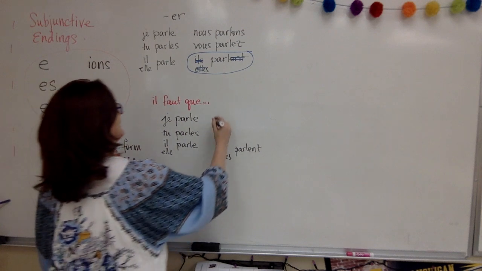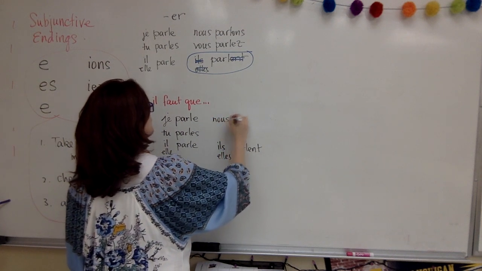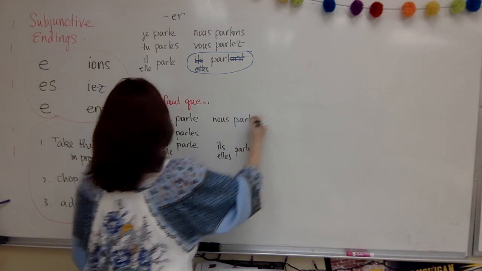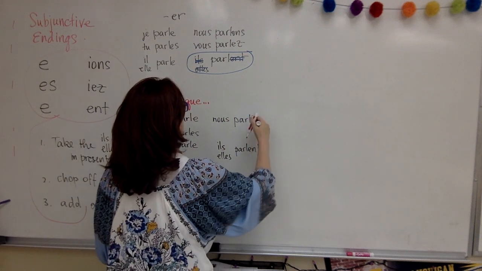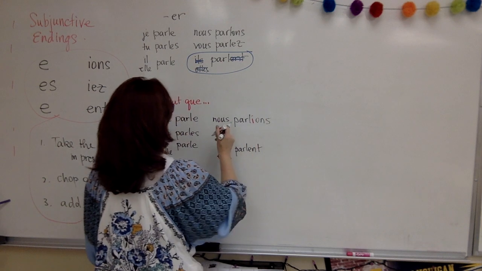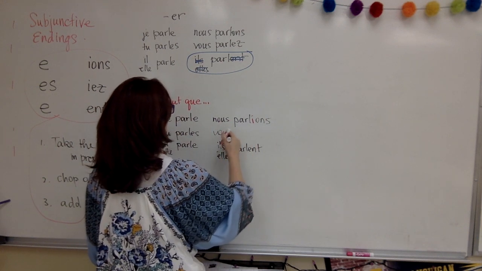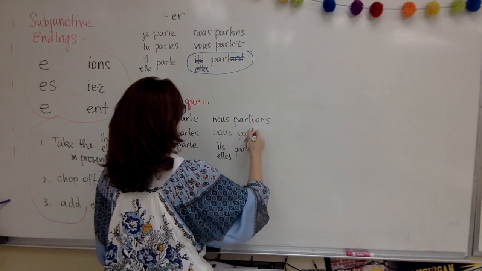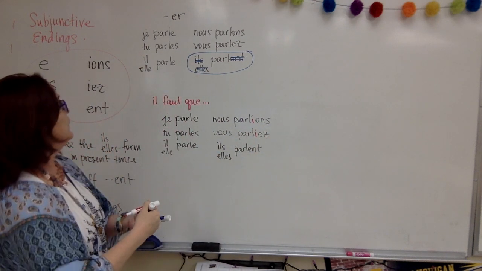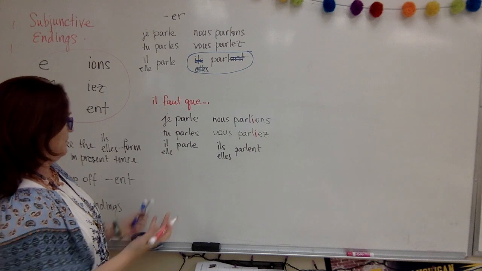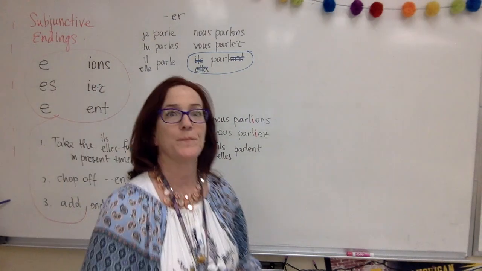What doesn't look exactly alike is this. Que nous parle. What are we going to do? Ions. Que nous parlions. Que vous parliez. Right? So the ER verbs look exactly the same.